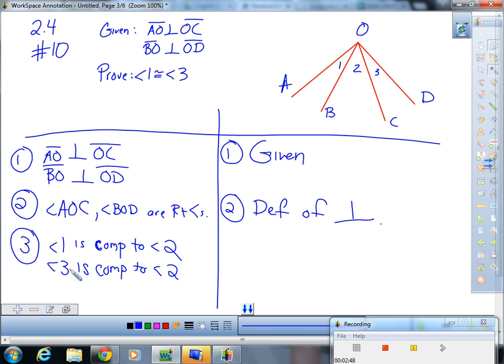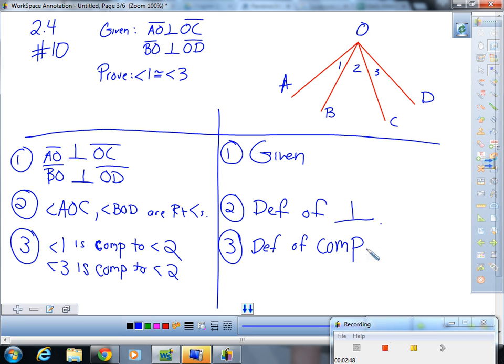Now, I wrote it in this order for a reason. I think that's a really good way to understand what the congruent complements theorem tells us. But first, before I go any further, what's my reason? How do I know that those are complementary? That would be the definition of complementary.